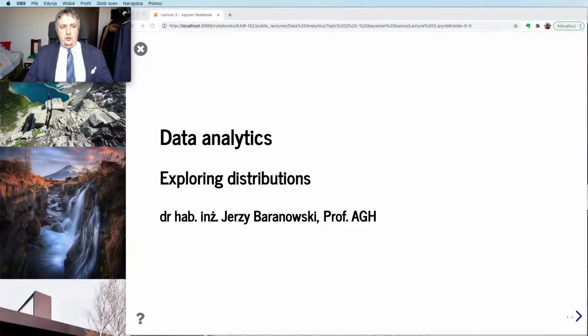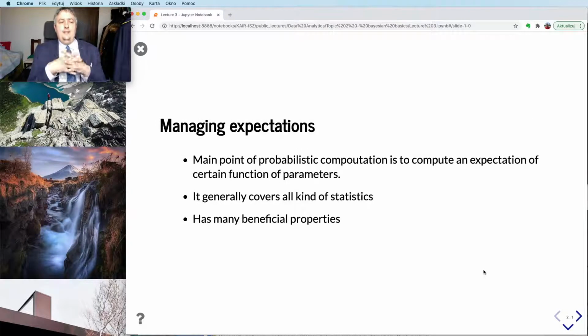What we'll be talking about today is generally what we have to do in any kind of Bayesian computation, because our first few lectures will focus on how to do what we are supposed to do, and later we'll be working with creation of models. So, without further ado, let's start with expectations.